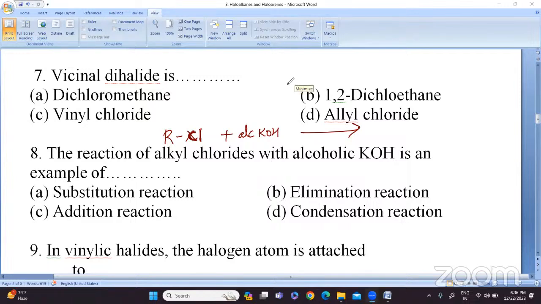Vedvati has answered A, and Varsha has answered C.